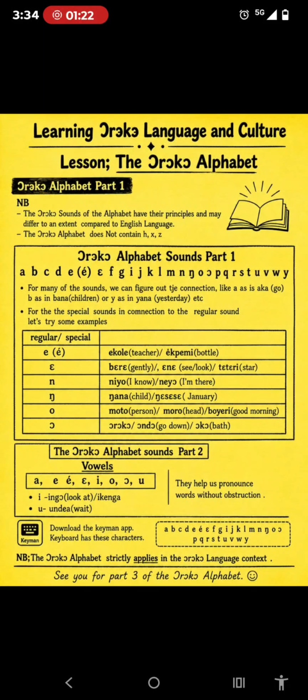So the first sound is A, B, K, D, A. And you can spell it in 2 ways, the one with the symbol above. Do you get it clear? Then we go to E. You see how it's spelled?